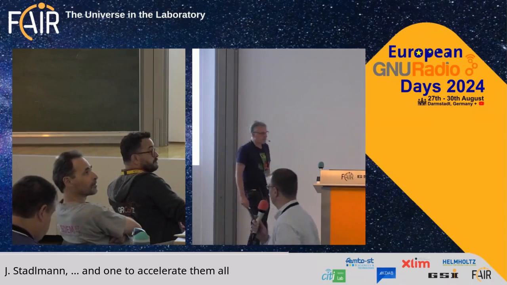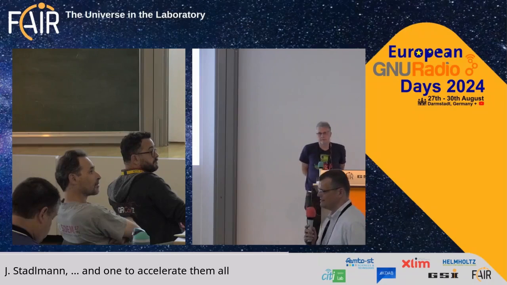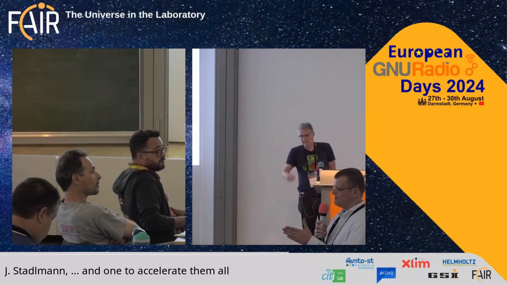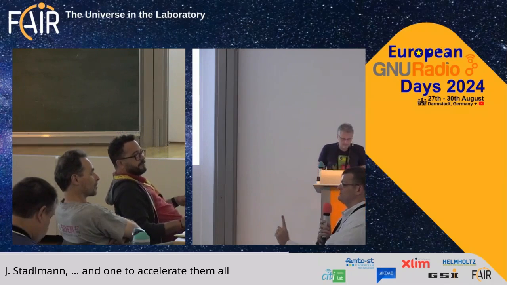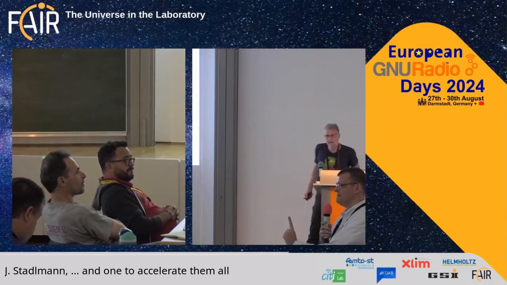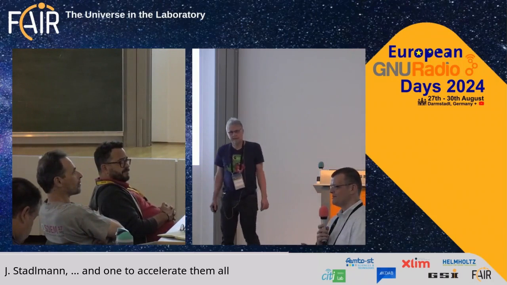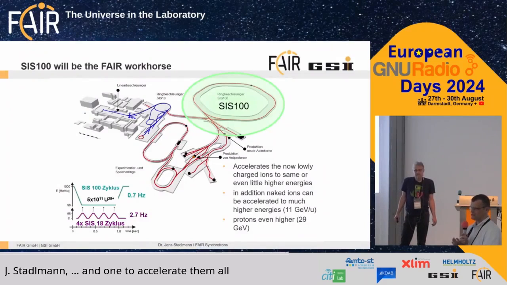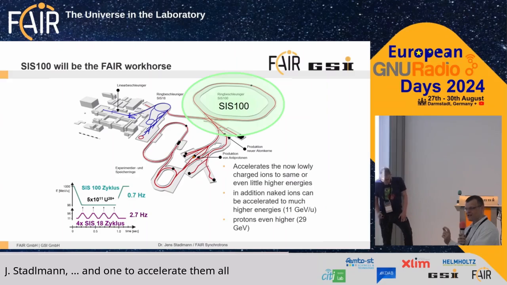Maybe I can comment on that, on the challenge, especially for the CIS-18. When the particles are very slow, you need a very low revolution frequency. But when you extract them, you need up to 10 megahertz. Now, those of you who have built a phase-locked loop, be it digital or analog, know they like not to be moved. Maybe you can change them by 1% over a second. These PLLs, or these frequency drivers, these DDSs, have to change frequency from, for example, 200 kilohertz to 10 megahertz within 100 milliseconds.